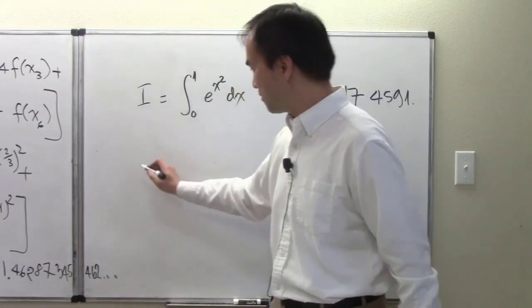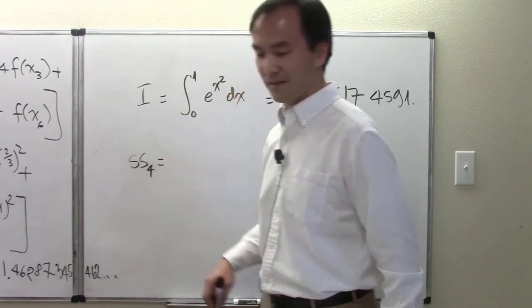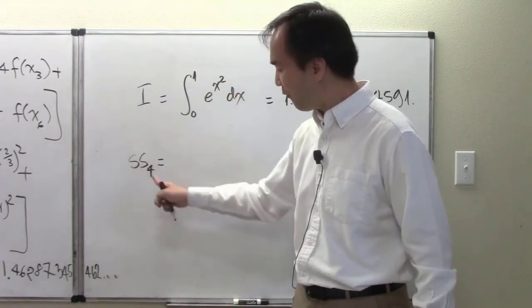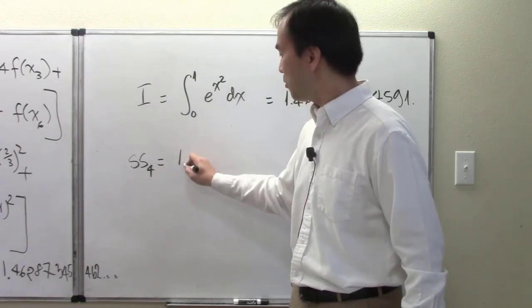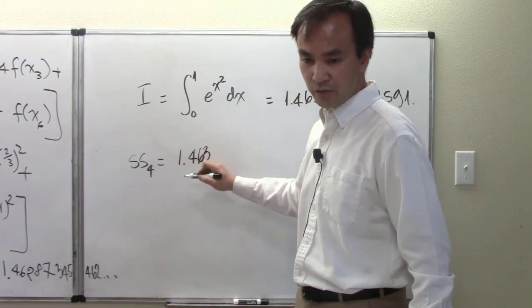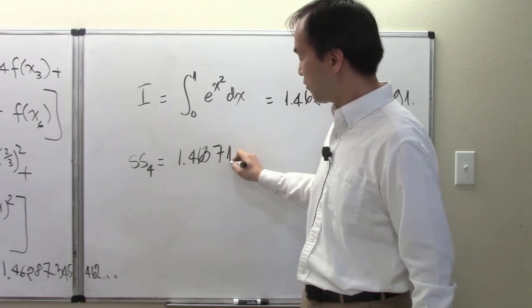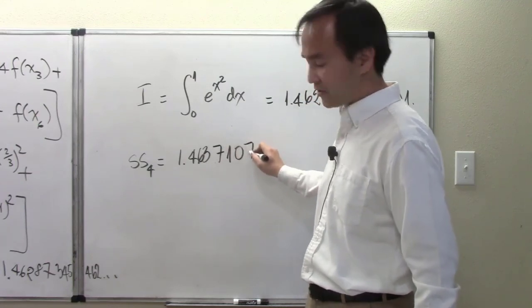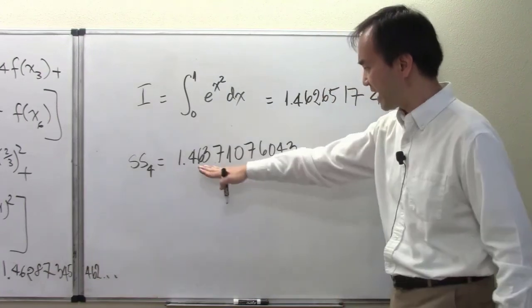All right, so now using S4, the Simpson's method with 4 subintervals, we already came down to 1.46376043. So that was our answer right here. It came quite close.